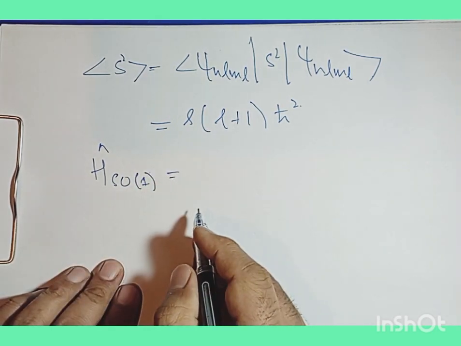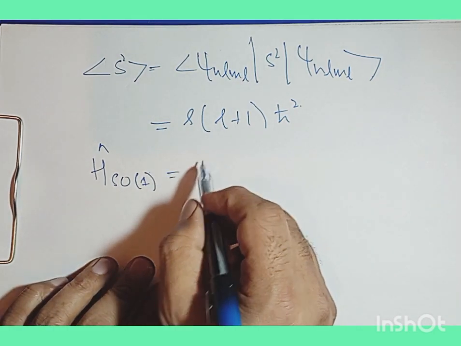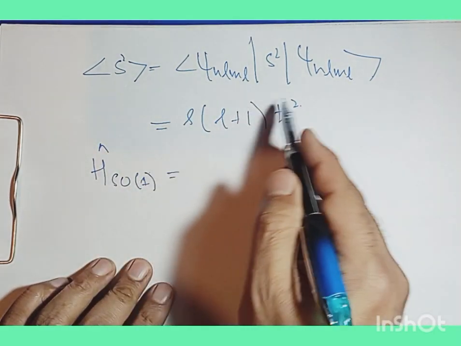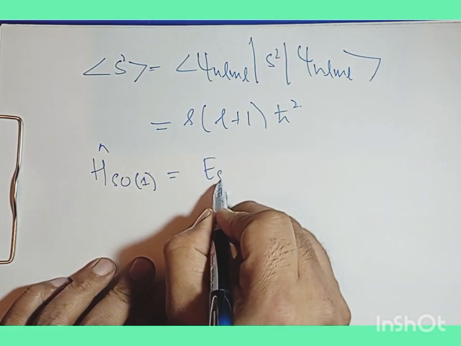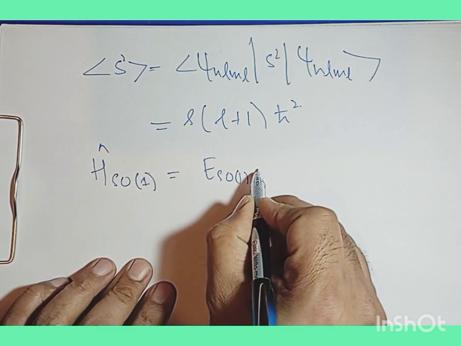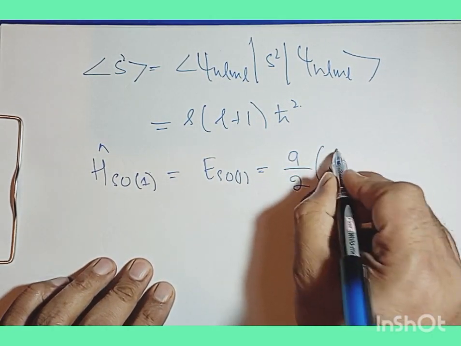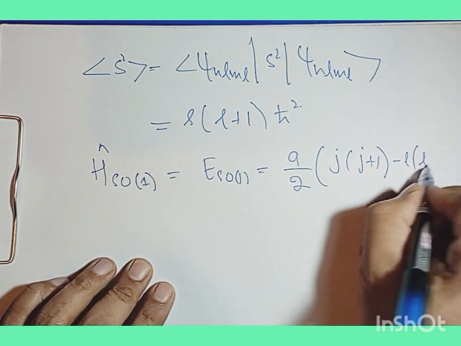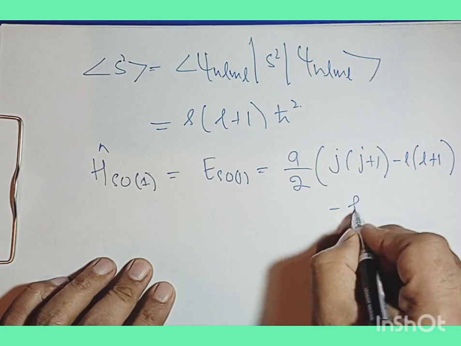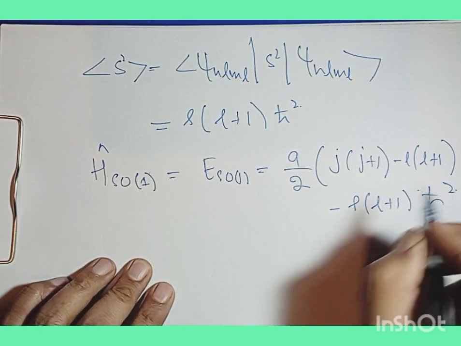This HSO1 is going to give me the energy, and because these values are evaluated, we have ESO1, and that is A by 2 times J into J plus 1 minus L into L plus 1 minus S into S plus 1 h cross square.